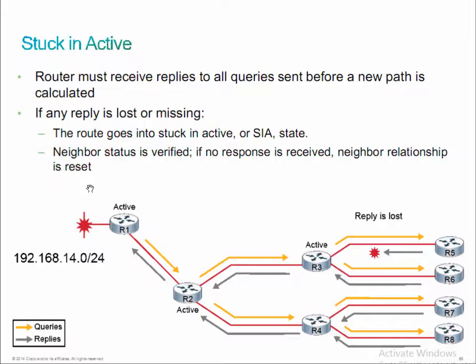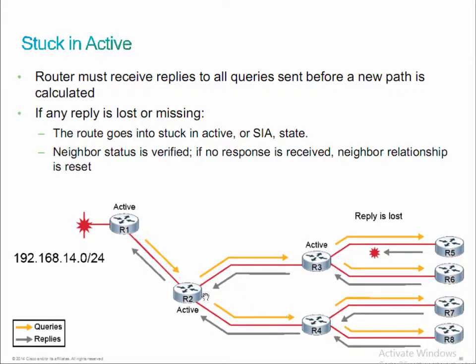If I go stuck inactive, I essentially delete or remove the neighbor relationship that I'm waiting for query replies from. So let's say, for example, in this topology, R1 loses the 14 subnet, so it queries R2. Excellent. R2 then queries R3 and R4.